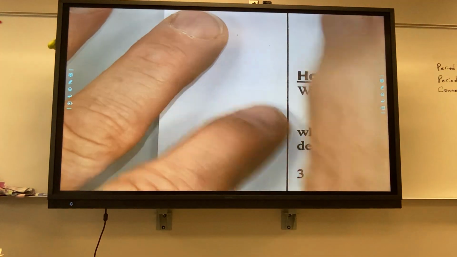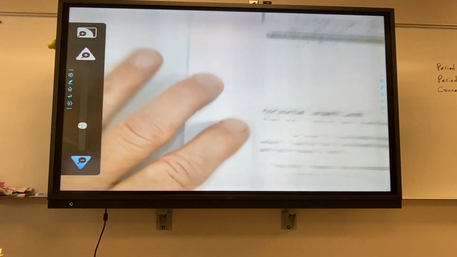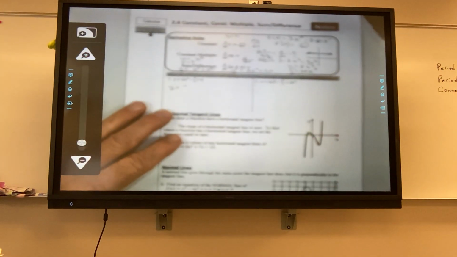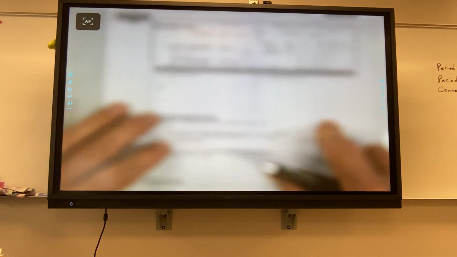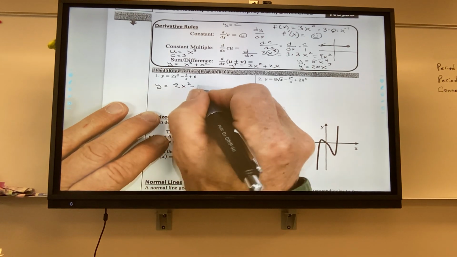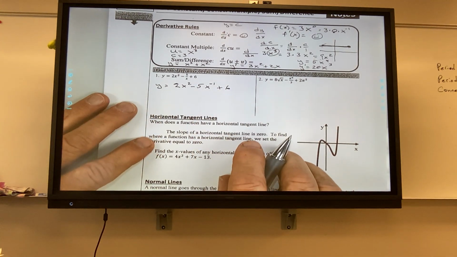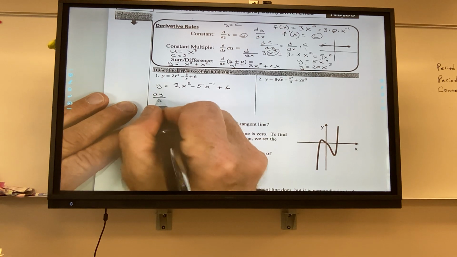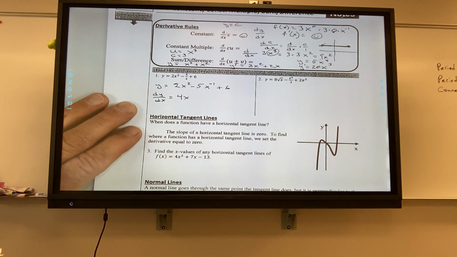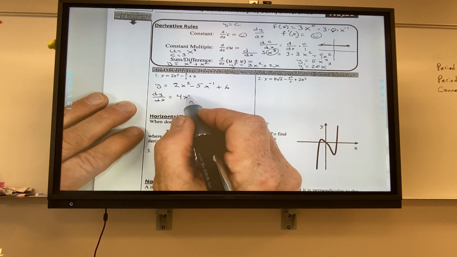All right, so if I look at this, the first thing I do with this, I'll make it a little bit bigger there, is I'm going to write this as 2x squared minus 5x to the negative 1 plus 6. And then when I take its derivative, 4x to the first. 2 times 2 is 4, I subtracted 1, if you want to write the 1 there you can.